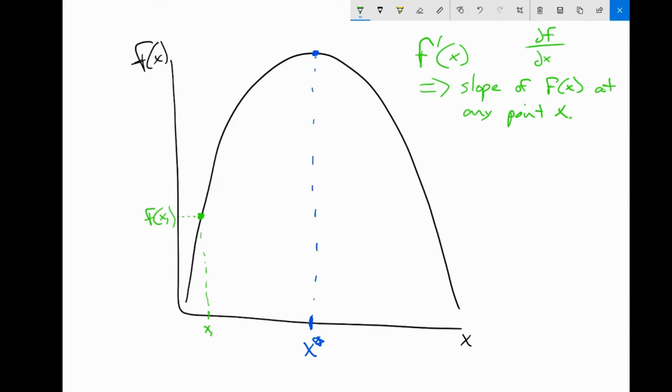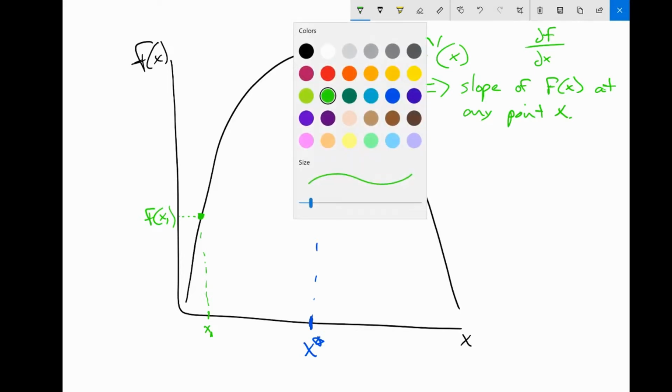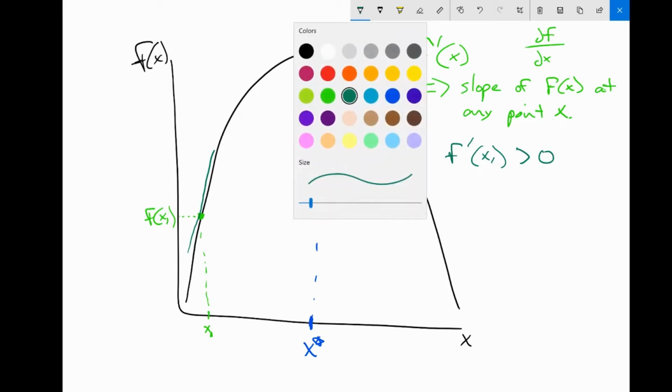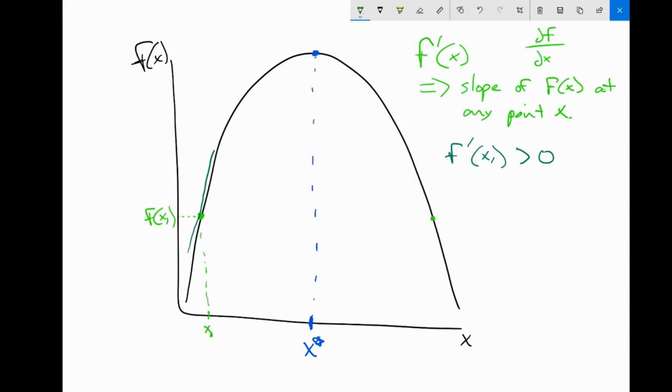Now the derivative of f at x1 is going to give us the slope, which I'll represent by this tangent line. So we could say here that the slope will be positive at x1. It's sloping upwards.